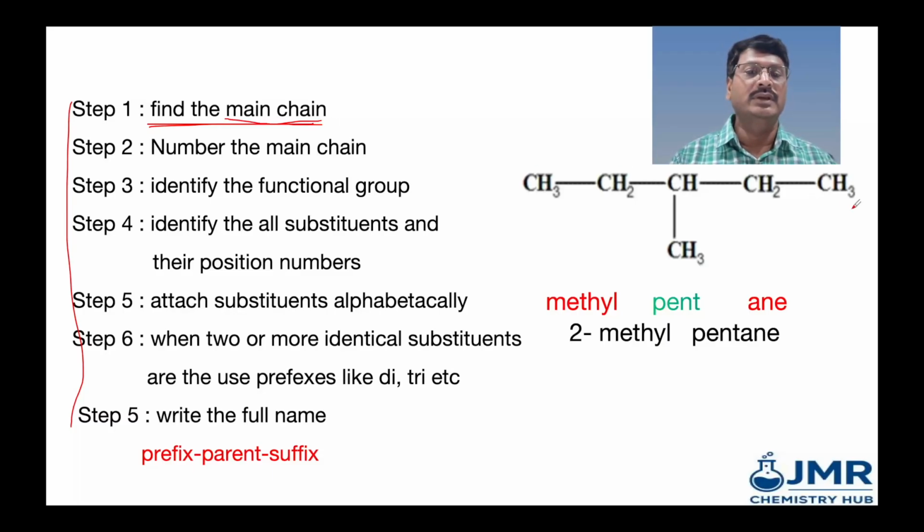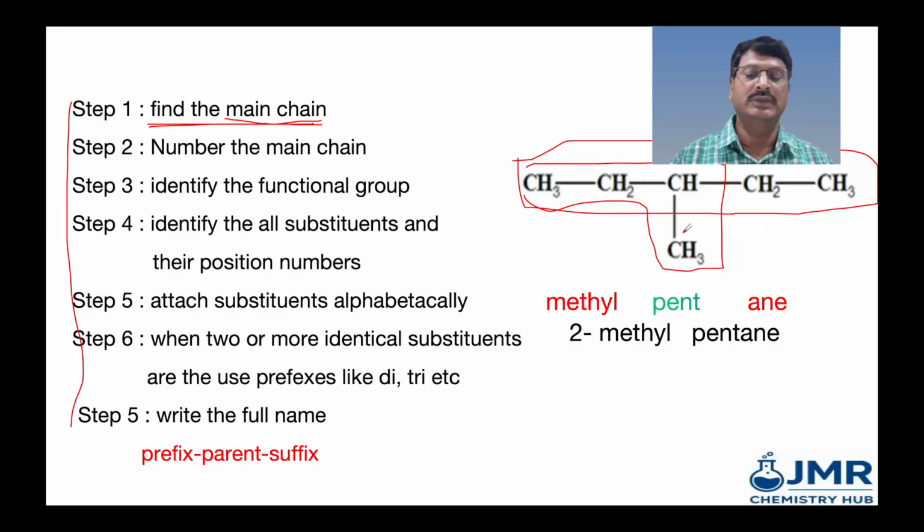For example, here I am taking this as the longest continuous chain. It contains 1, 2, 3, 4, 5 carbons. If you take this as a chain, it contains only 4 carbons. Like that you have to count where the greater number of continuous carbons is.